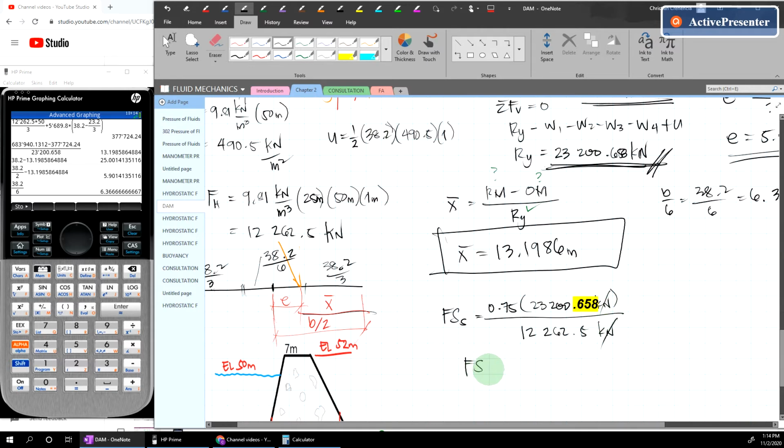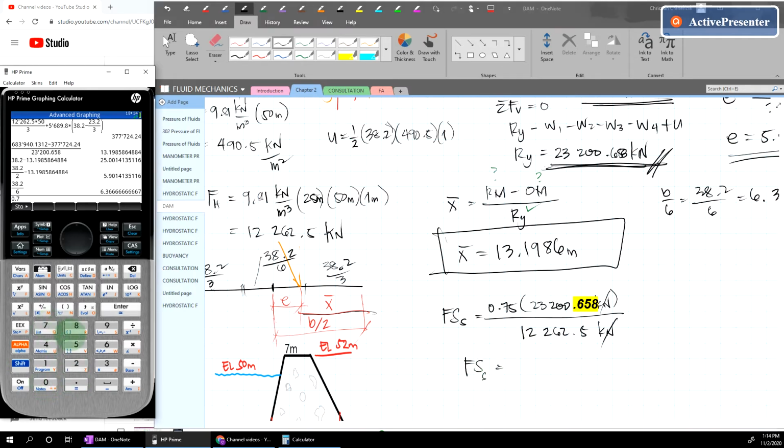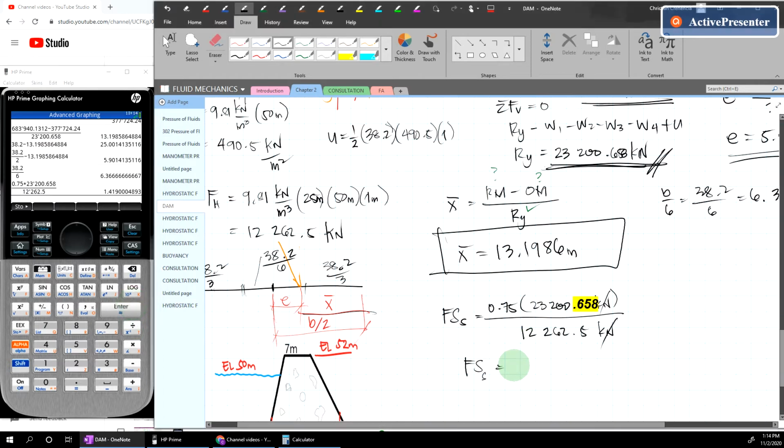So, solving for the factor of safety against sliding. Okay, so 0.75 times yung ating Ry is 23,200. Okay, then divided by FH na 12,262.5. Okay, so 1.419.